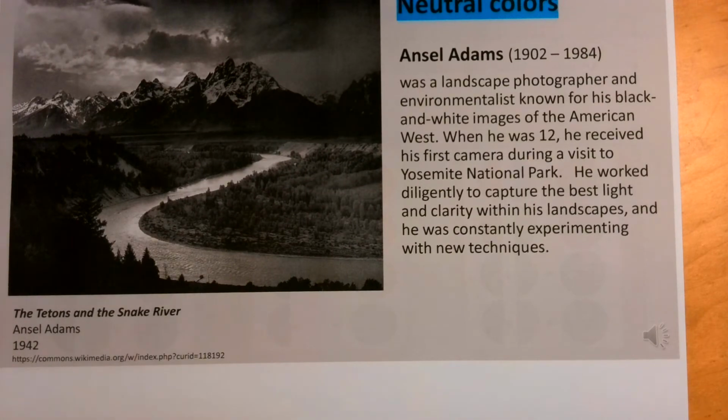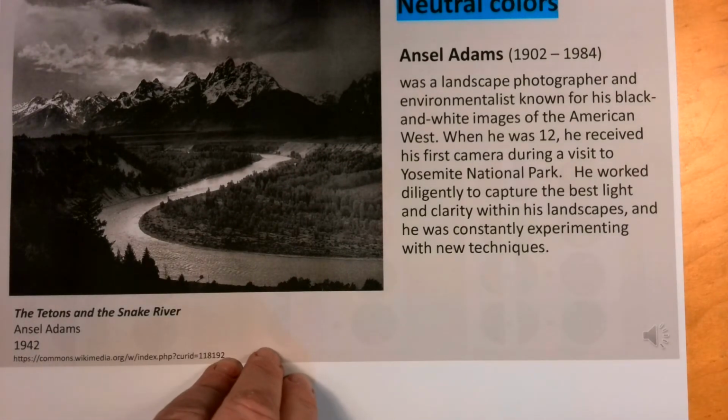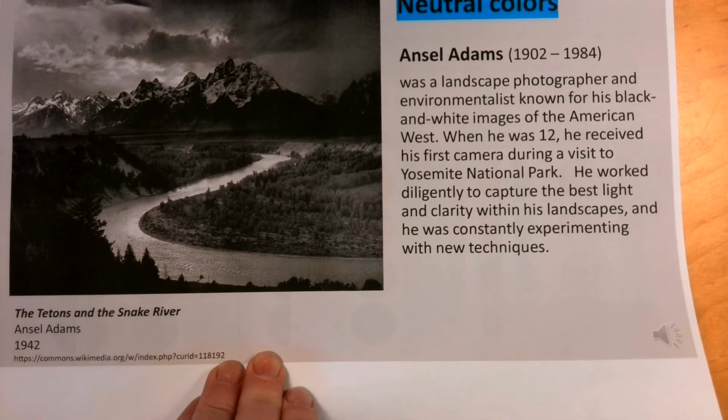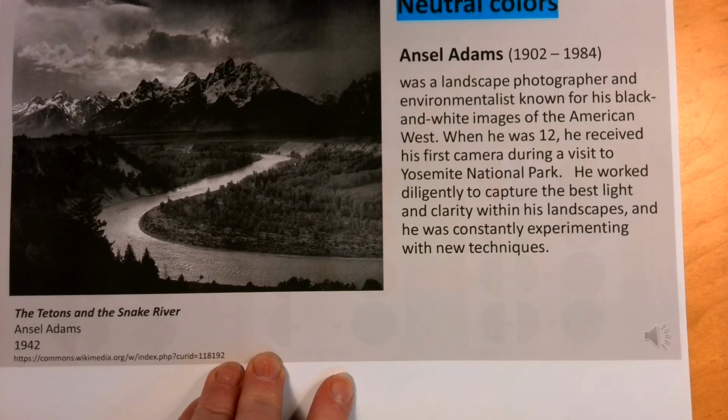Here we have a photograph by Ansel Adams. He was a landscape photographer, an environmentalist known for his black and white images of the American West. When he was 12, he received his first camera during a visit to Yosemite National Park. He worked diligently to capture the best light and clarity within his landscapes, and he was constantly experimenting with new techniques.